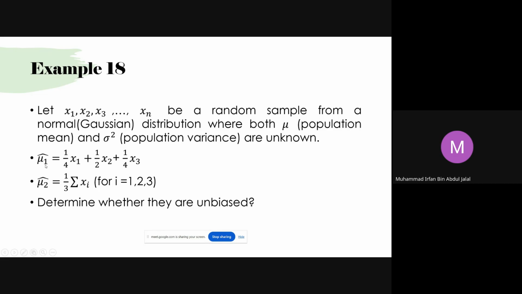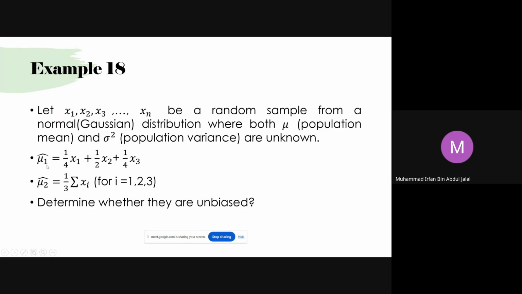Okay. So in this case, as a recap, as a summary, we have two different estimators for the population mean. This is the first estimator, this is the structure or the equation of it. And then the second estimator is this one. This one is more like the sample mean of your first three samples.